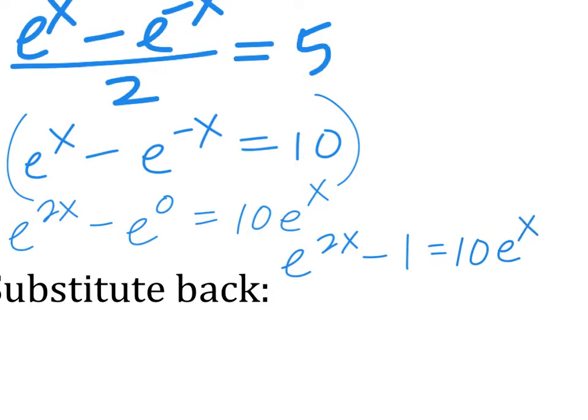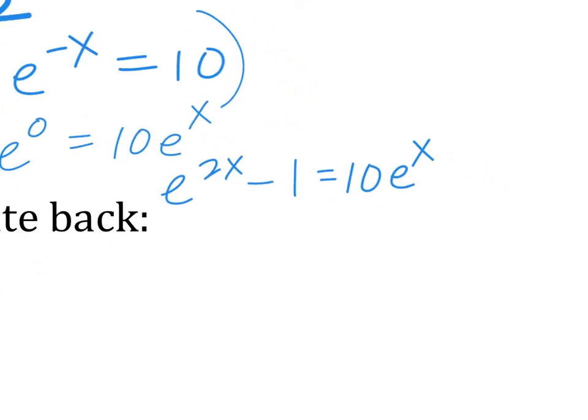Now what? Now we have to get everything on one side. e to the 2x minus 10 e to the x minus 1 equals 0.